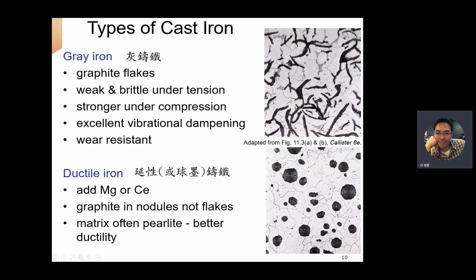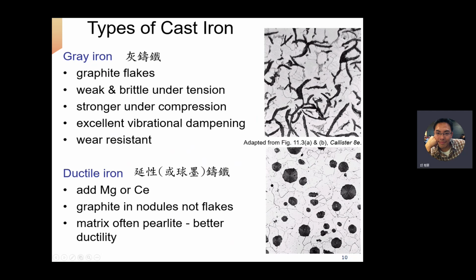Okay, so I already talked about this previously. Gray iron with the graphite flake is weak and brittle under tension and stronger under compression, with excellent vibrational damping and good wear resistance.